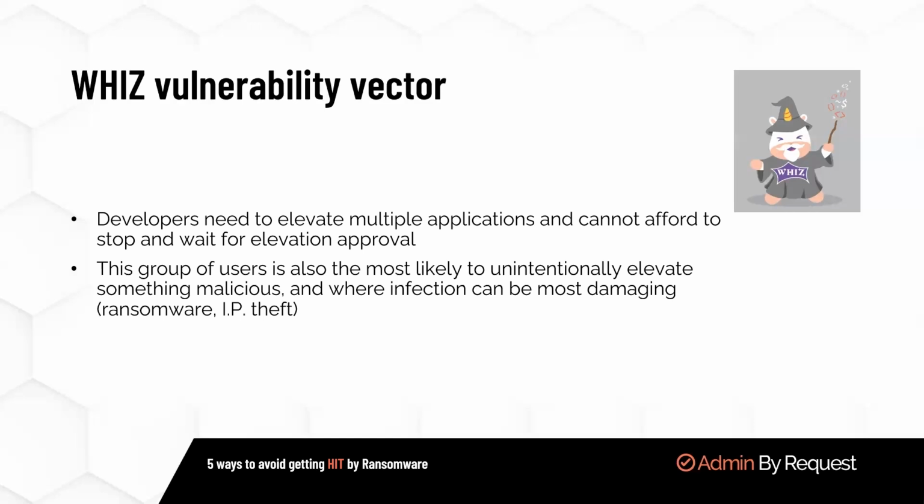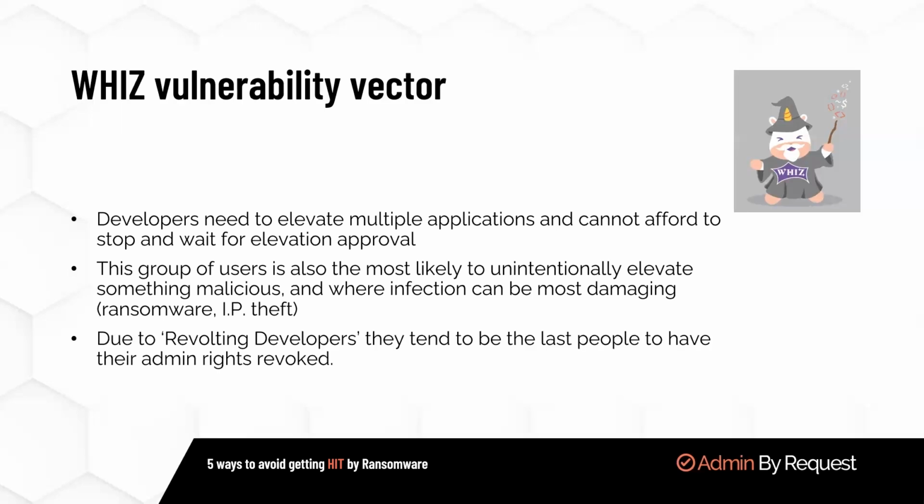It could be your entire company's application system. Ransomware or IP theft there could be pretty devastating. And because developers would generally revolt when you attempt to remove their admin rights, they are generally the last group of users to have their admin rights revoked.